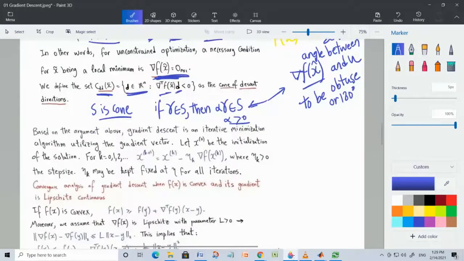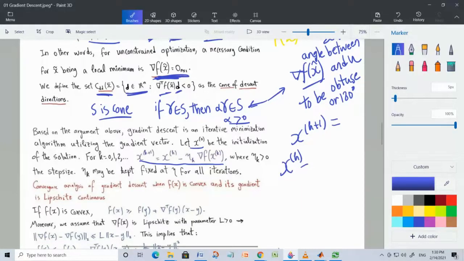Now, gradient descent is inspired by the above, and the idea is that you do things iteratively. You start from some point, and then you apply this step. At the kth iteration, x_{k+1} is the old point, and then you move in the direction opposite to the gradient.